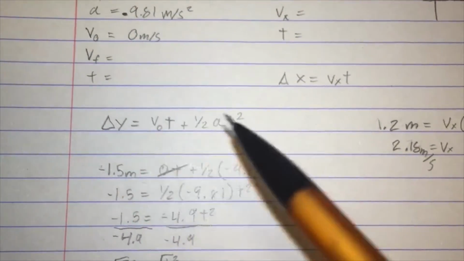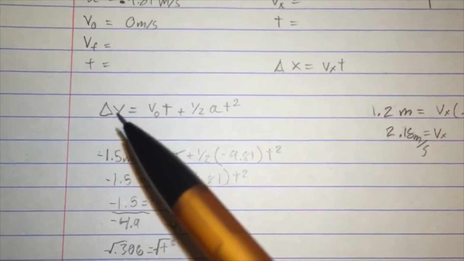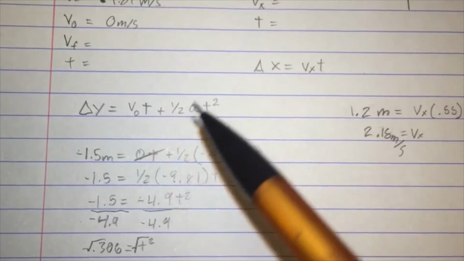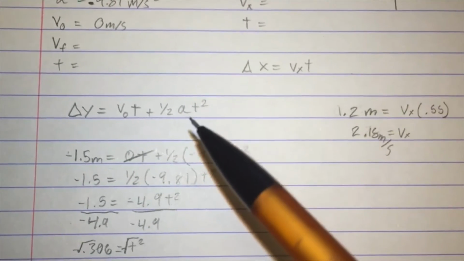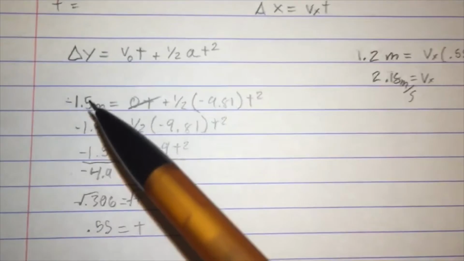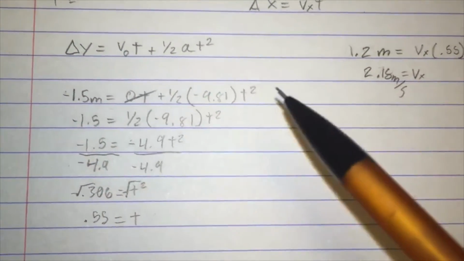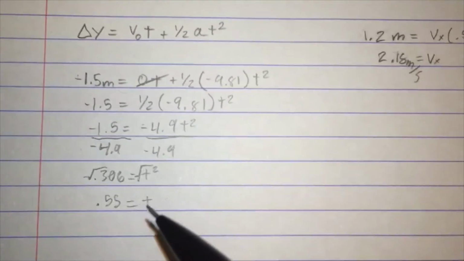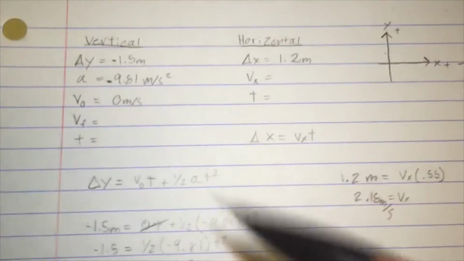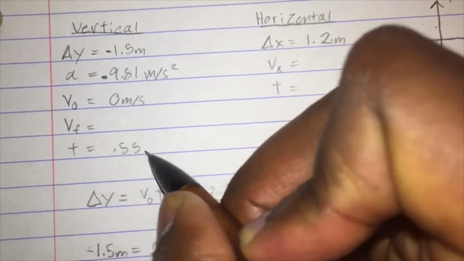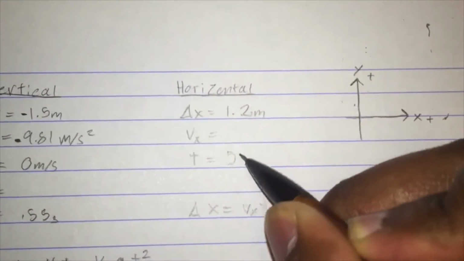So we start off with the equation of y distance equals initial velocity times time plus half times acceleration times time squared. And we formulate that by plugging in your answers, and we get 0.55 seconds. So we plug that in here for time, and here for time.